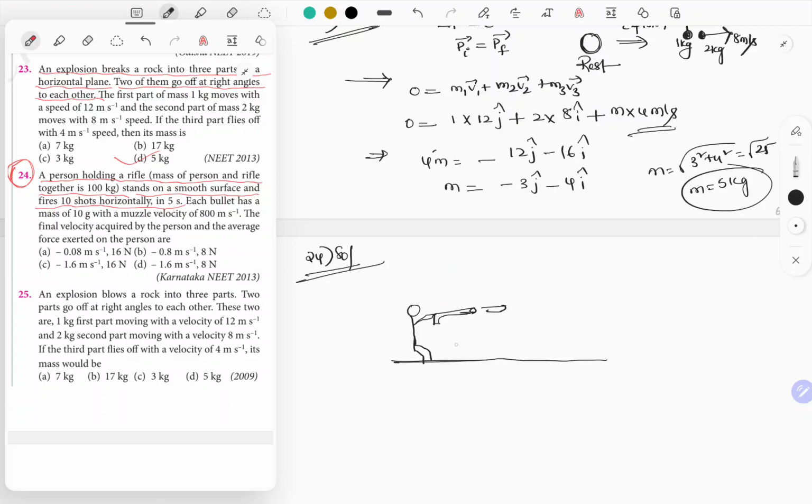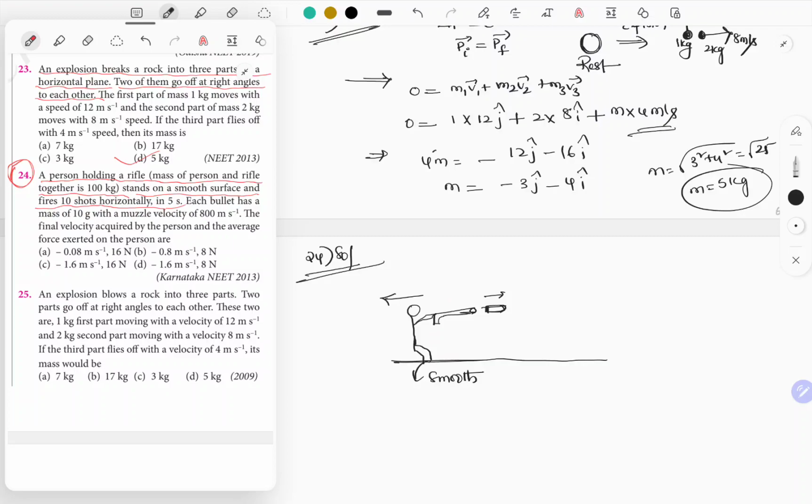As this surface is smooth, whenever bullets come out of this gun, the bullets will move forward, and the person will try to move towards the left because of the smooth surface.